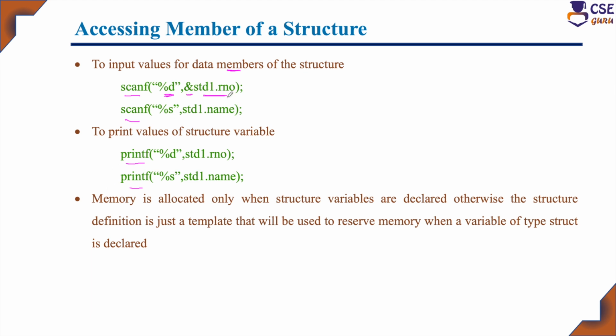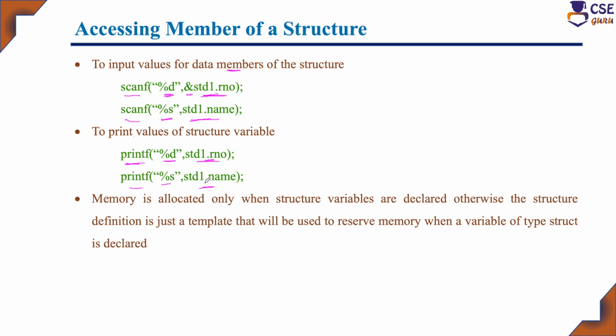You should not give simply roll number; here you have to specify the structure variable, wherever you use the structure variable dot member of the structure. If you want to input a name, we won't use the ampersand symbol, simply structure variable dot member. Similarly, if you want to use the printf statement, in the similar way you use printf, then the format specifier, then structure variable dot member.